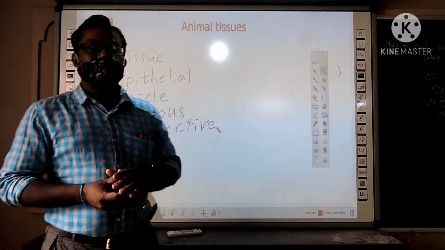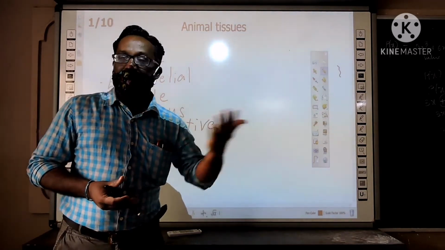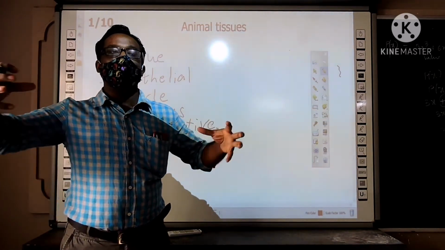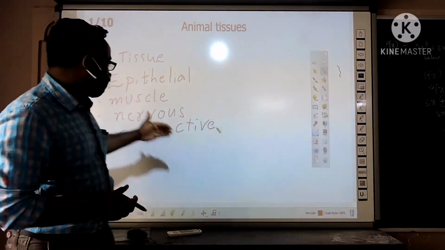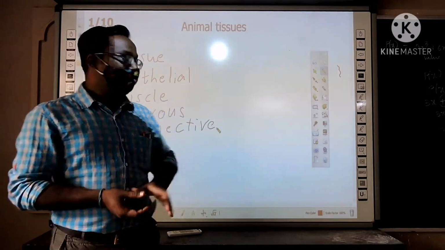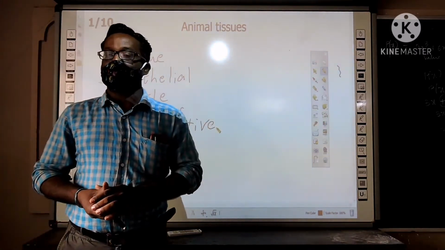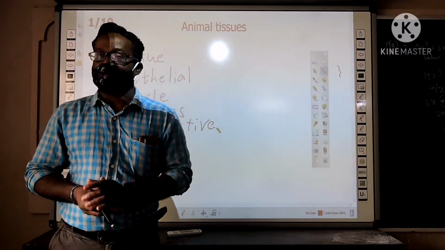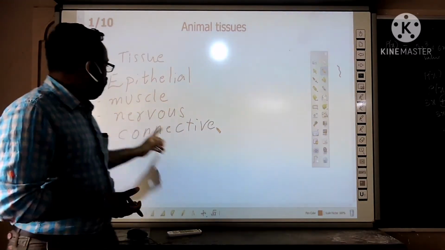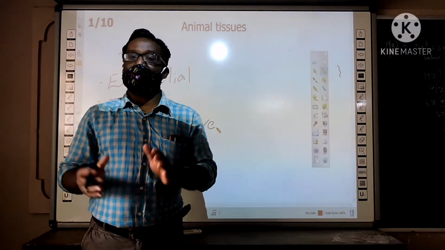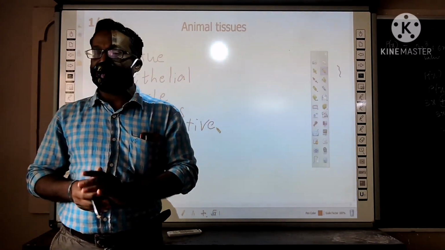Connective tissue. Like the ground tissue in plants, in animals connective tissue packs the various tissues. For example, the muscles and the skin's epithelial tissue are connected together by connective tissue. So it connects various tissues and performs other functions. Nervous tissue. It is responsible for responses to a stimulus.